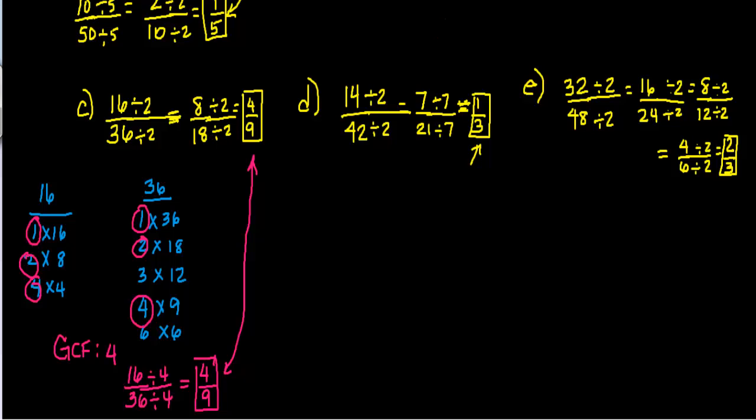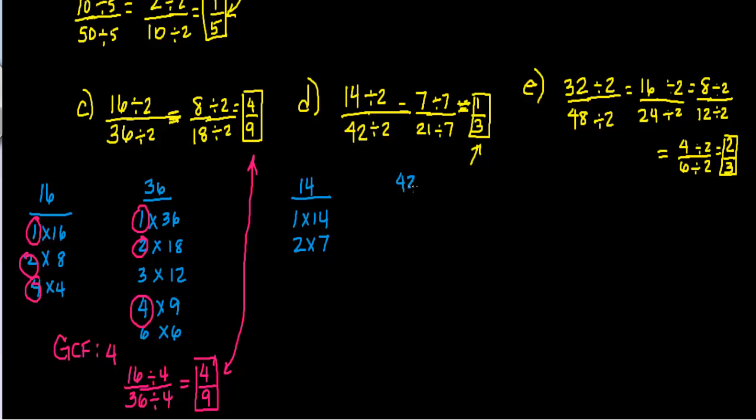Let's do the same thing for this one. Let's make a list of 14. 14 is 1 times 14, 2 times 7, 3 times nothing, 4 times nothing, 5 times nothing, 6 times nothing, 7 times 2. I already have it. That means that's it for the list of factors of 14.